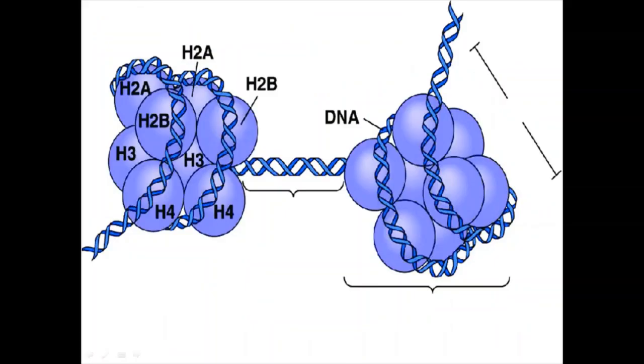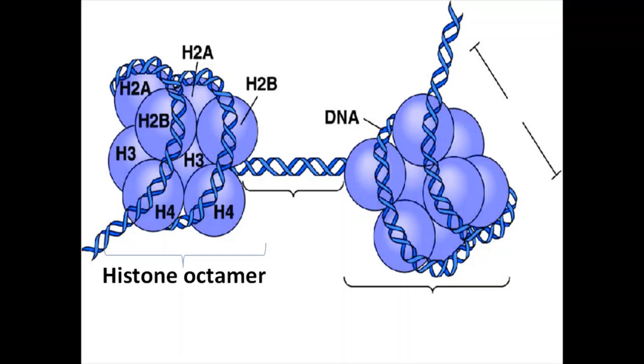The packaging of DNA starts when the histone proteins interact with DNA. 2 copies each of H2A, H2B, H3 and H4 together form a histone octamer. The double-stranded DNA wraps twice around the histone octamer.